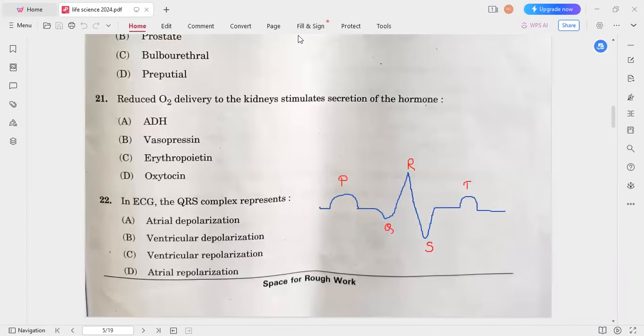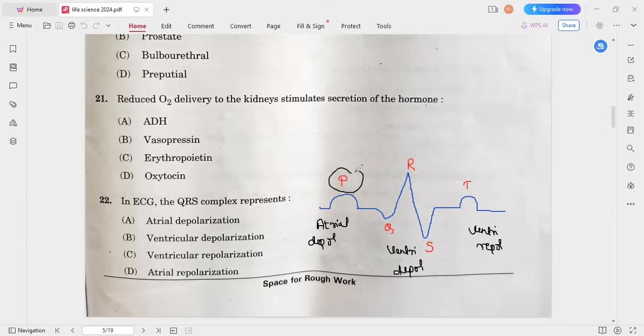Usually this P wave indicates atrial depolarization. And this QRS indicates ventricular depolarization, and this T wave indicates ventricular repolarization.